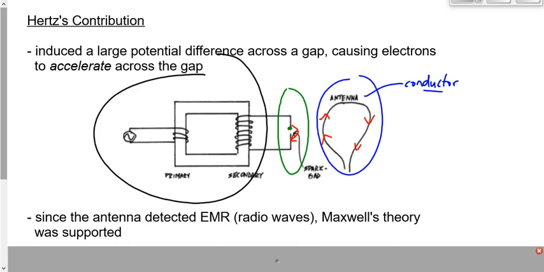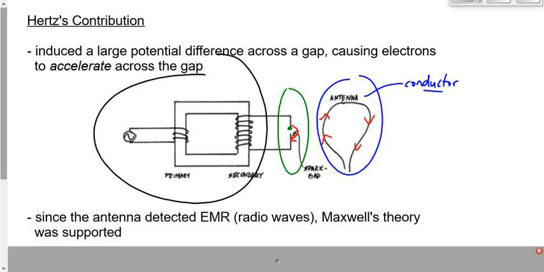The type of EMR that was used was radio waves, but understand that this experiment was done in a time when we didn't have clear definitions of 7 types of EMR. Why would he have used radio waves? Because the easiest way to generate accelerating charges was to have oscillating electric charges, which we now know generates radio waves.